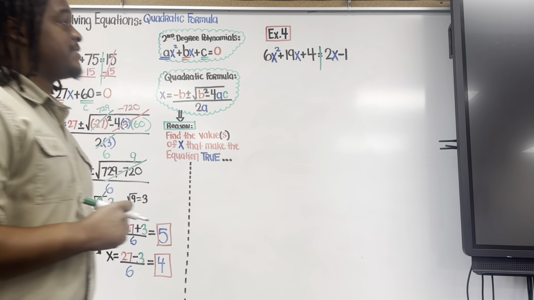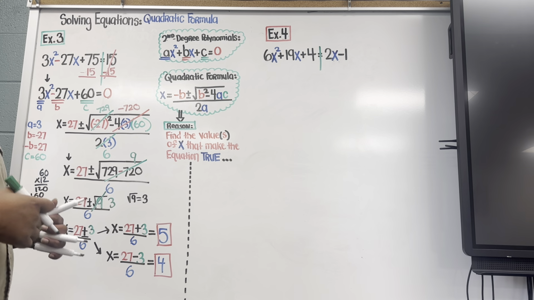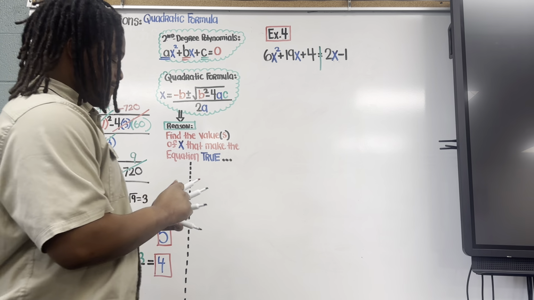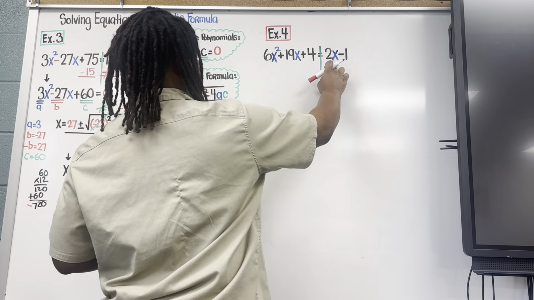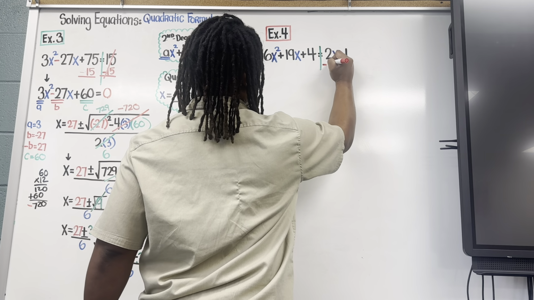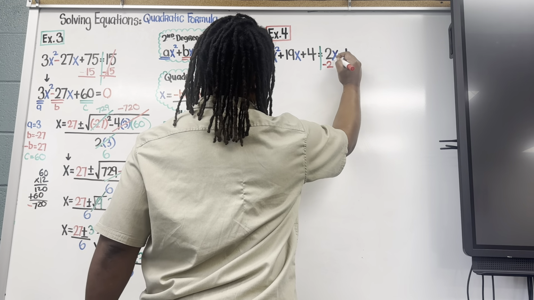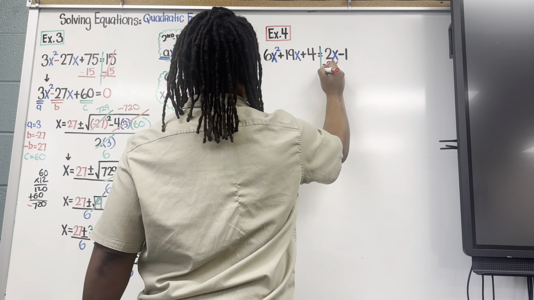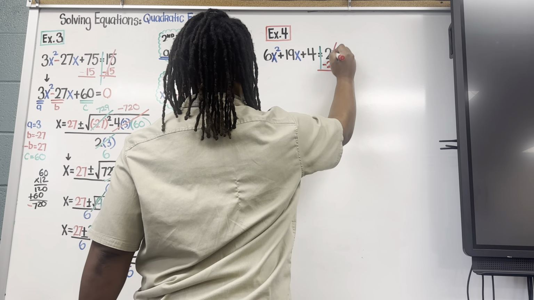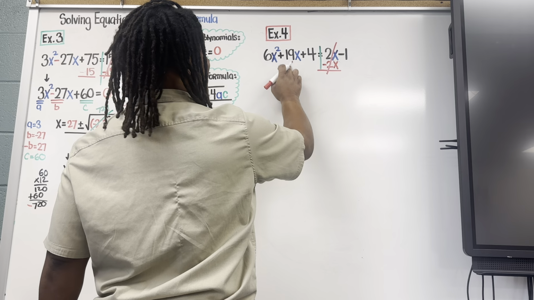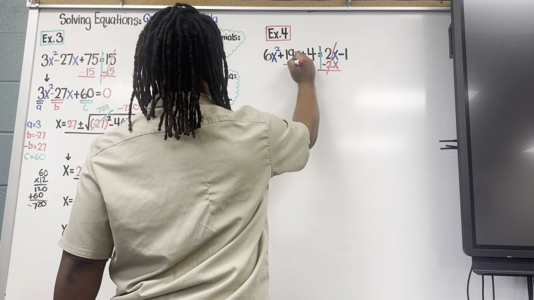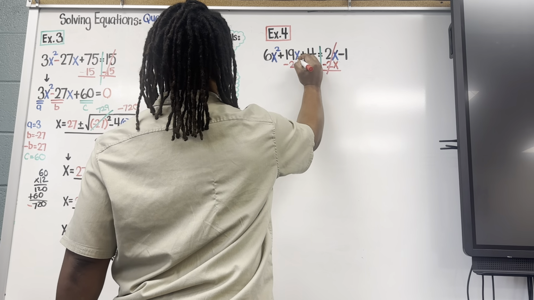So once again, I want to set the whole equation to equal 0. The opposite of 2x is negative 2x, so I need to subtract 2x on both sides. It will cancel out here, and then I subtract it from a like term, which is 19x to the first power.